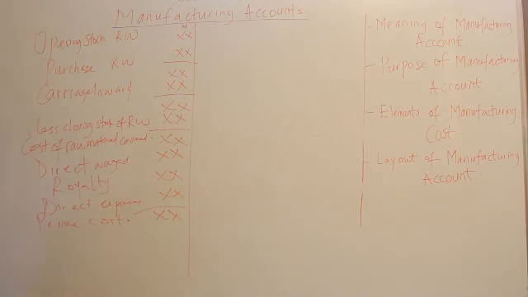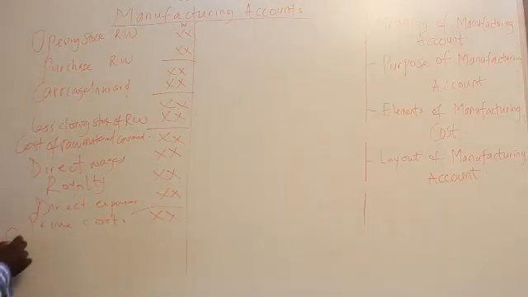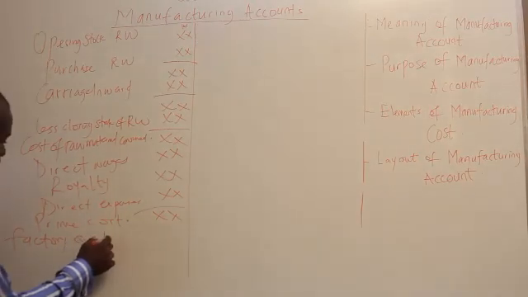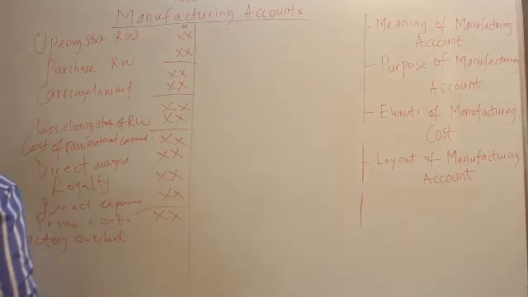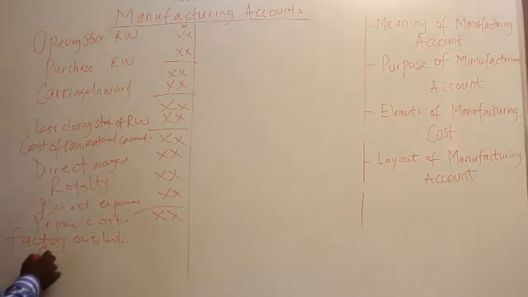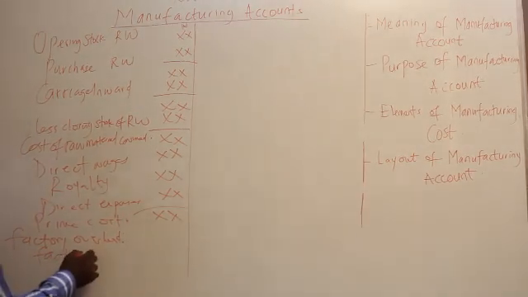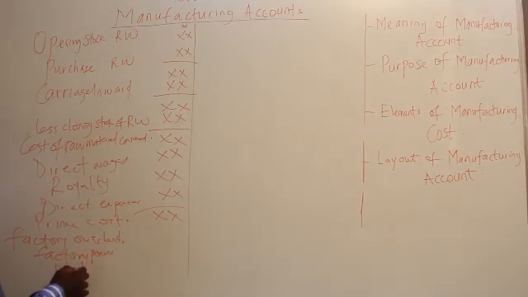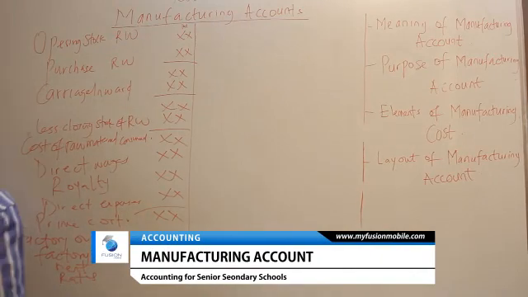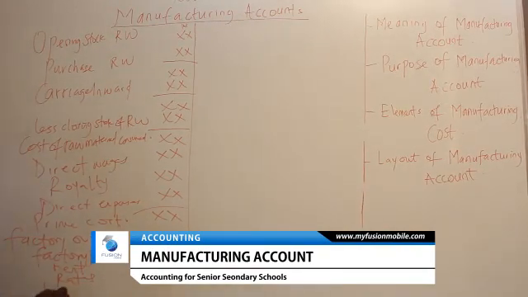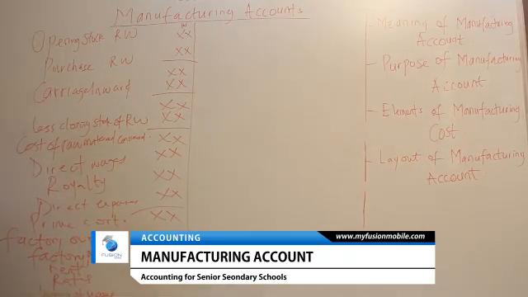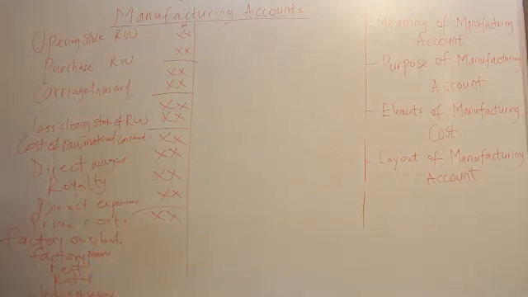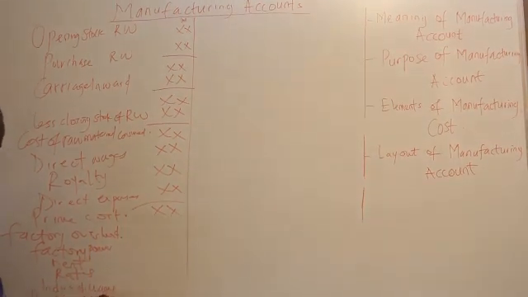Now the next thing is the second element, which is the factory overhead, that is the factory cost. So we have to make adjustments for the factory cost. For the factory cost, we have factory power, rents, rates, indirect wages, and depreciation of plant and machinery, and so on and so forth.